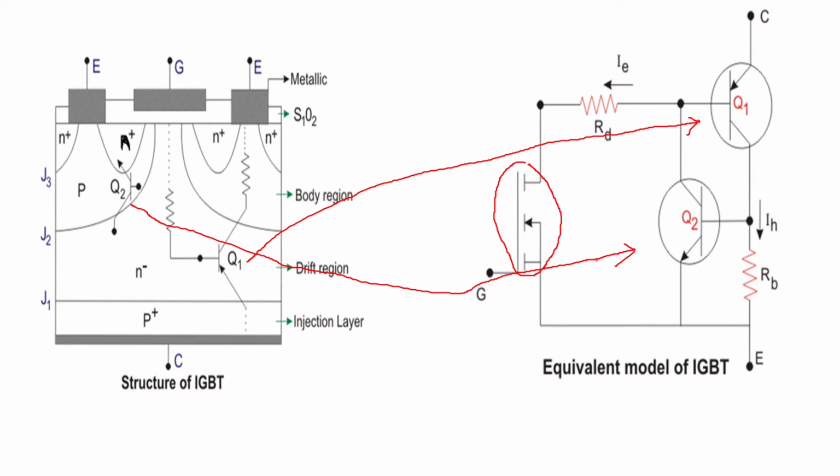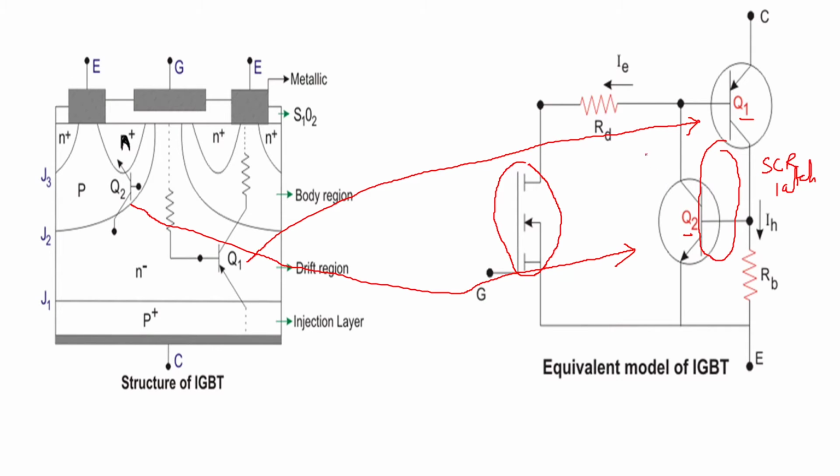Here you can see the insulated gate, which gives a high input impedance, and the output is of a transistor, which gives low impedance. Q1 and Q2 are in a latch, the same as SCR latching, or thyristor latching.